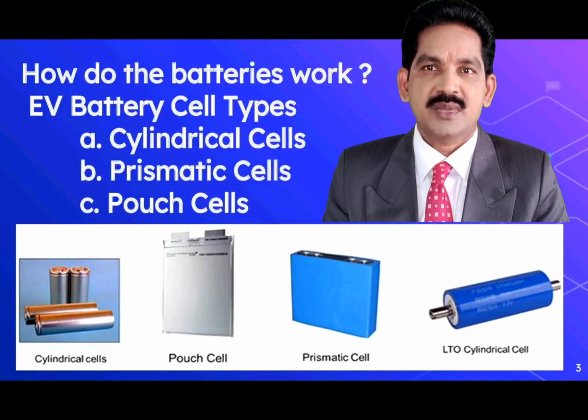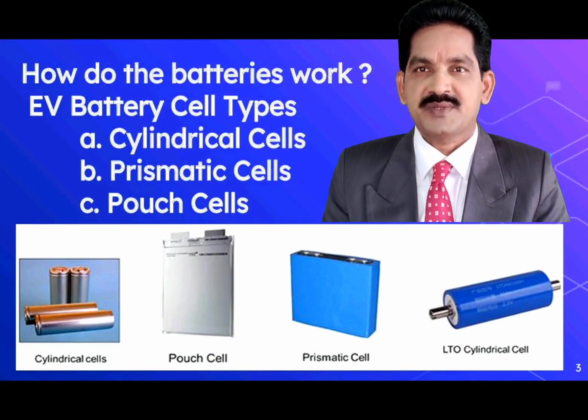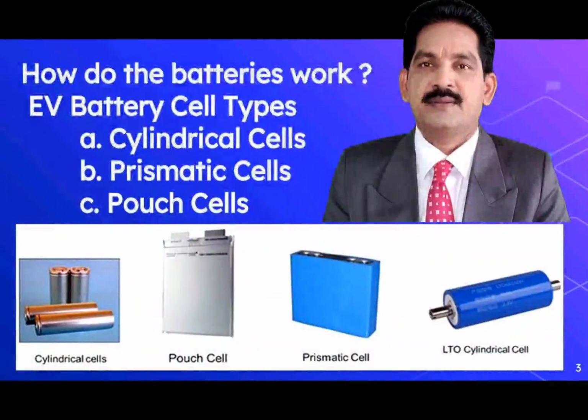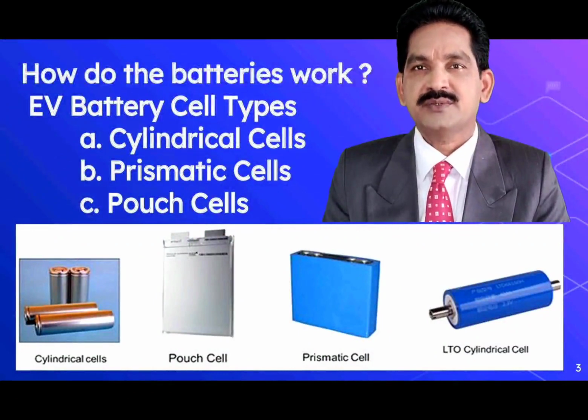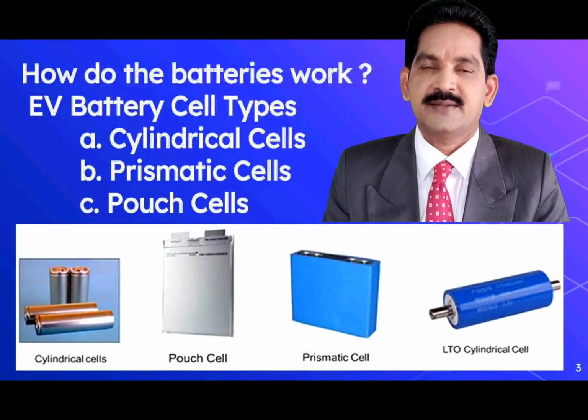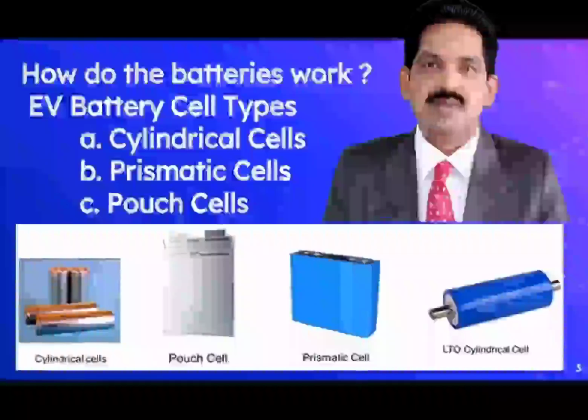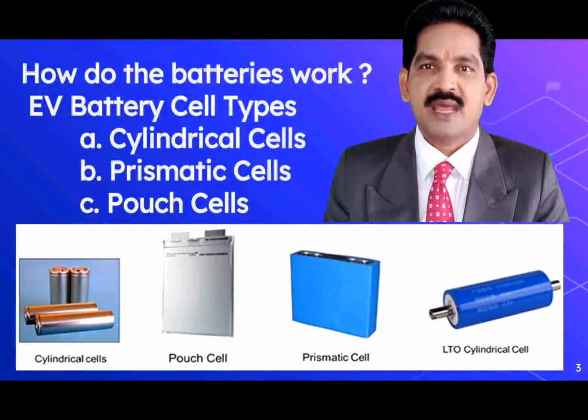There are three basic types of battery cells used in electric vehicles. First one, cylindrical cells. Second, prismatic cells, and third, pouch cells. There are also coin cells, which are used in research and development for testing purposes, but never actually used in electric vehicles.